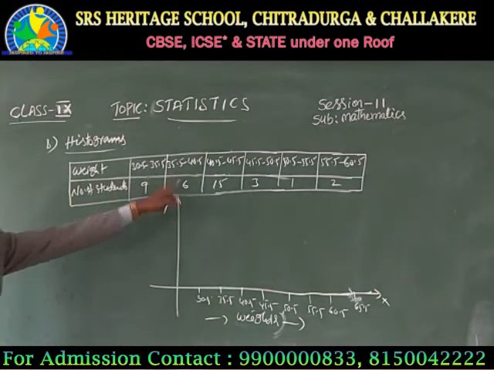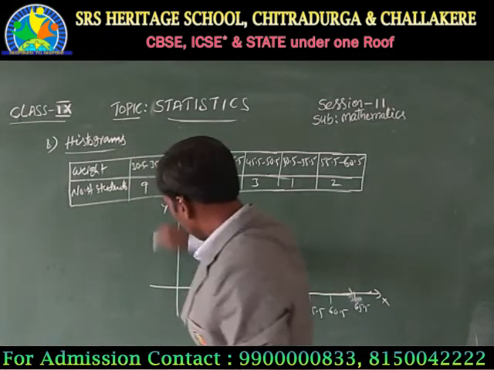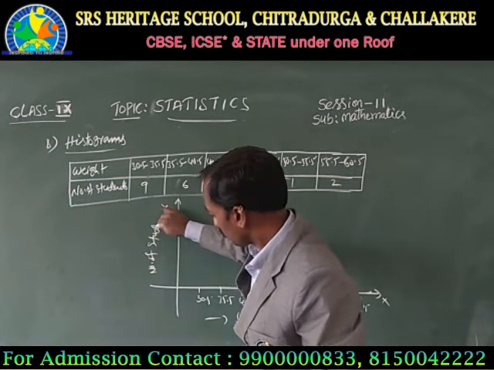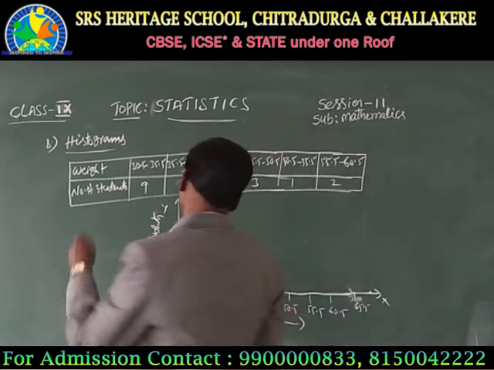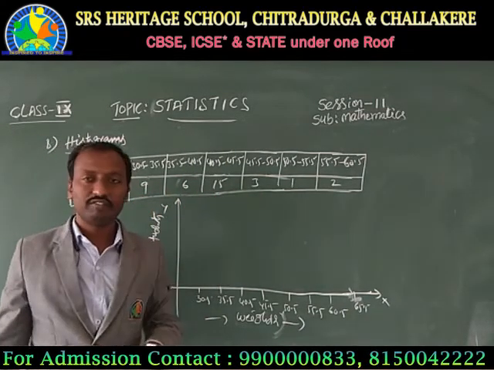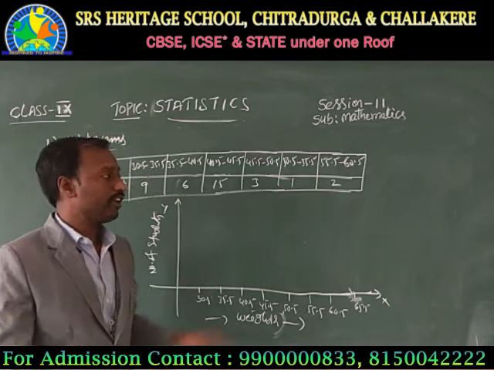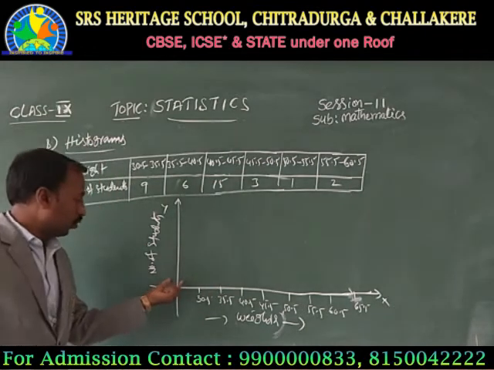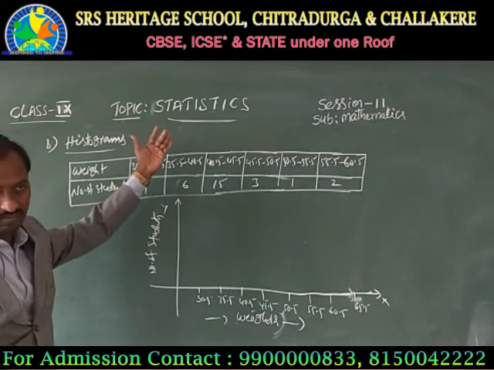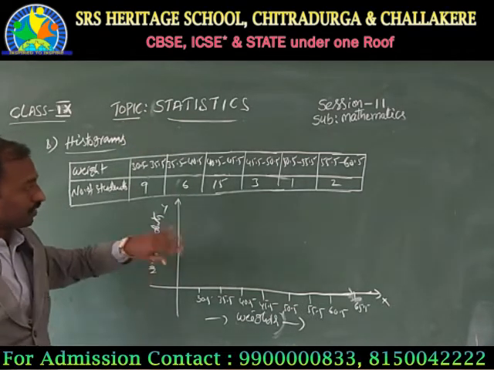On the y-axis, the number of students. Observe here the maximum value is 15. If I take one unit, I need 15 boxes on the y-axis, but it's too lengthy.